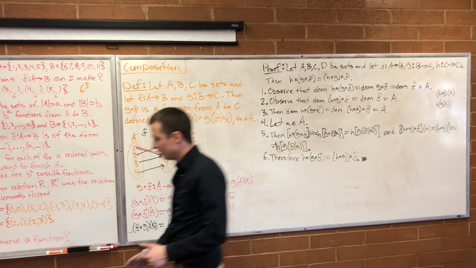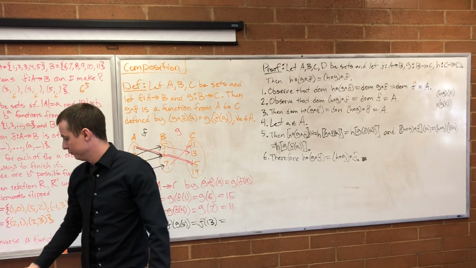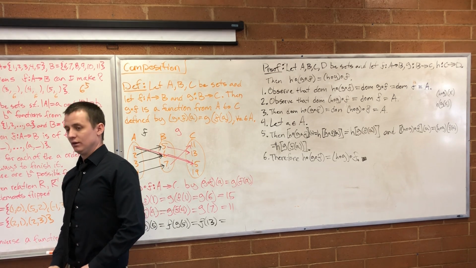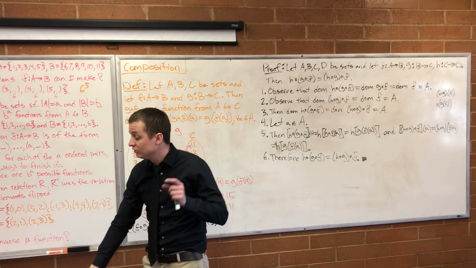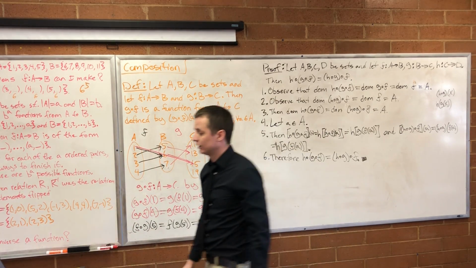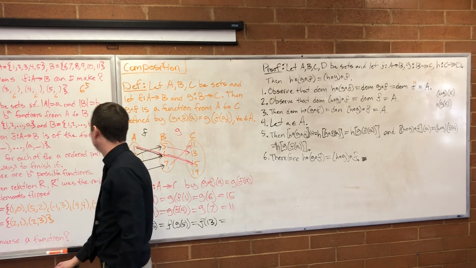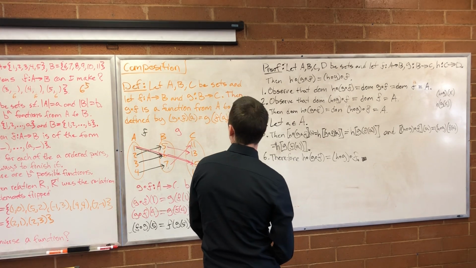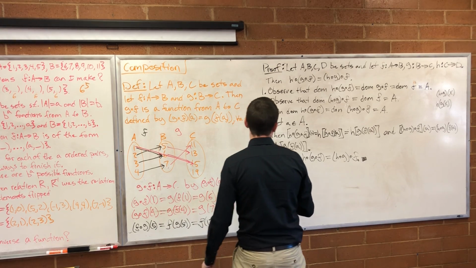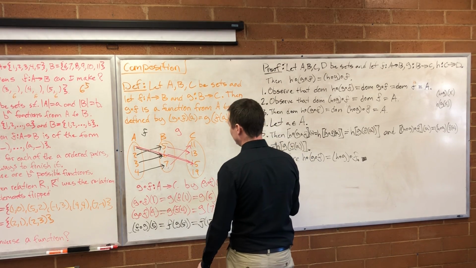Okay. So to prove two functions are equal, show that they have the same inputs and that they map each input the same way. Next, we want to talk about an identity function on a set. Once we have some set A, we'll do an example and then write out its definition.